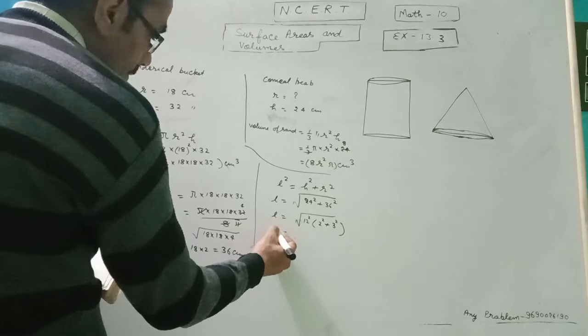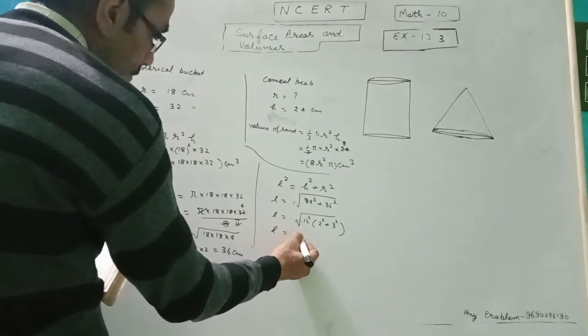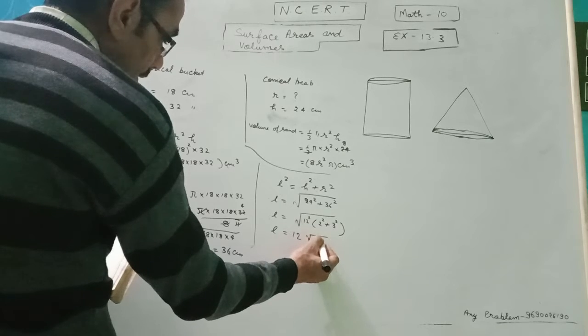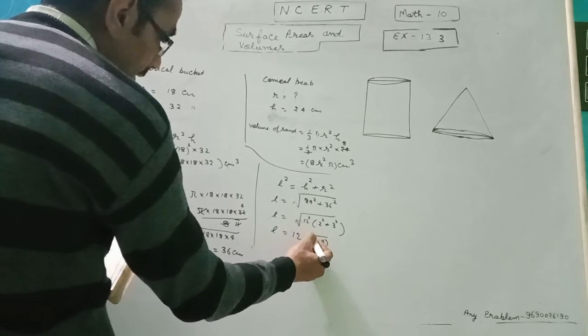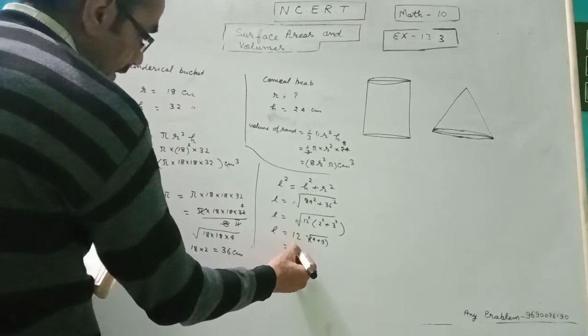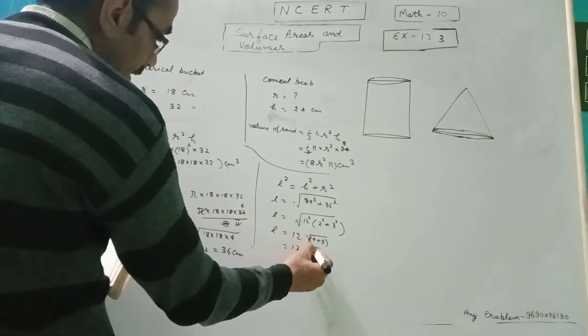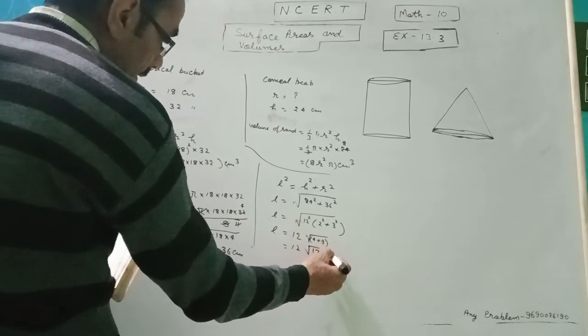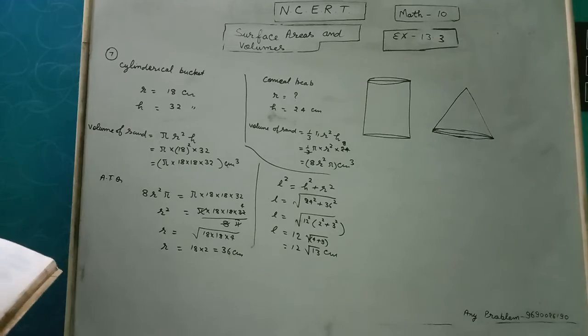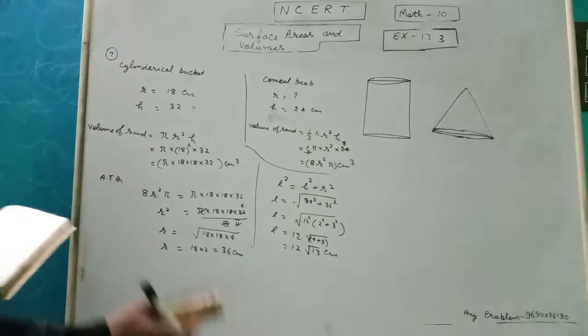After the under root, l is equal to 12 under root 4 plus 9, which is 12 under root 13 cm. This will be the slant height of the conical heap. Question number 7 is complete.